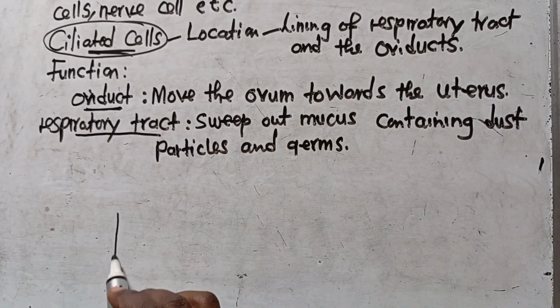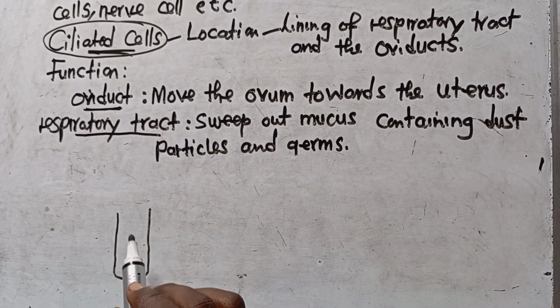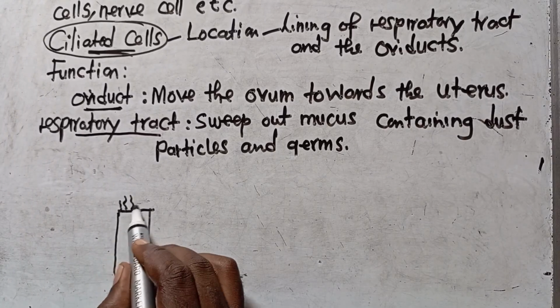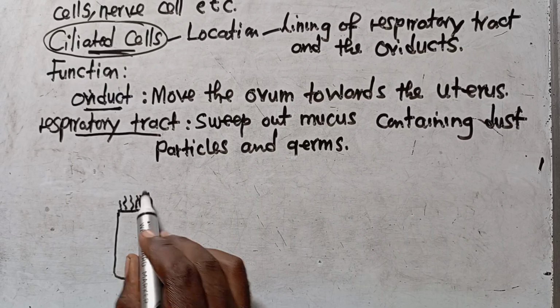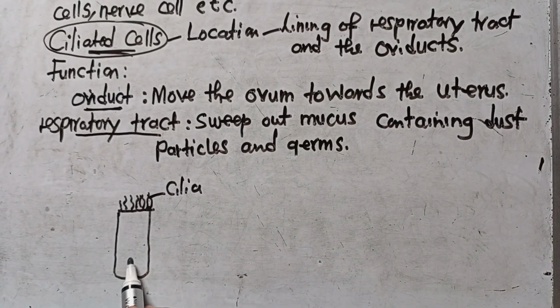If you just say something like this, just know that it is a ciliated cell like this. Then it has these things here, which we are calling cilia. Then it also has a nucleus in it.